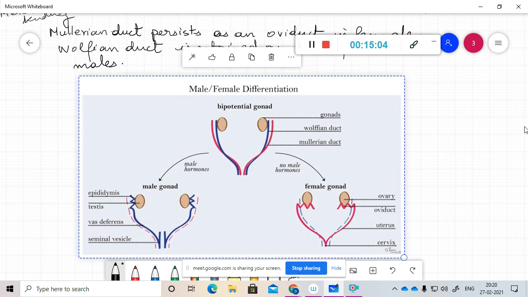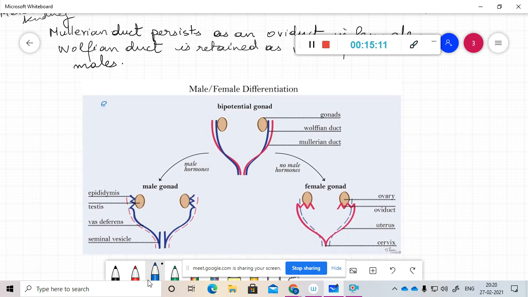So let us see. In the embryonic condition, this is the gonad you have, and here you have the kidney present, mesonephric kidney present. What happens is that you have two ducts.